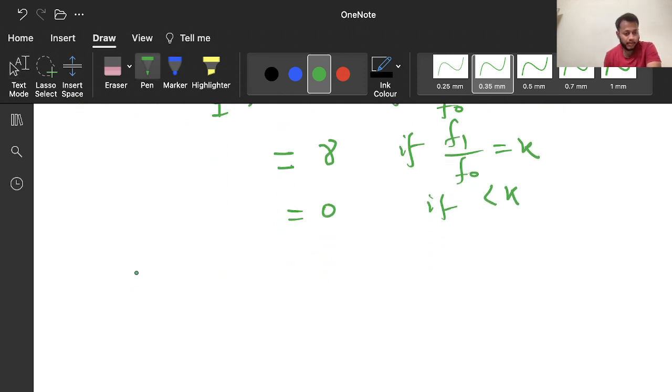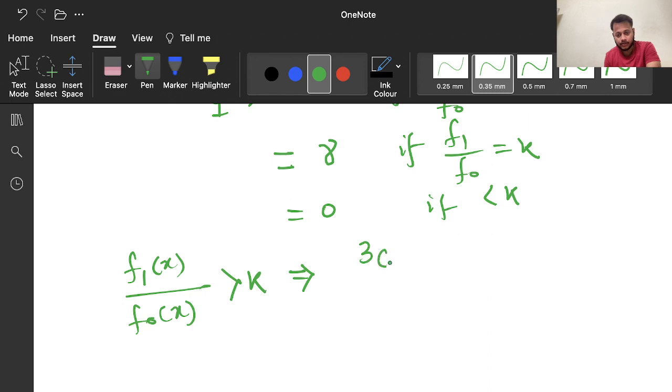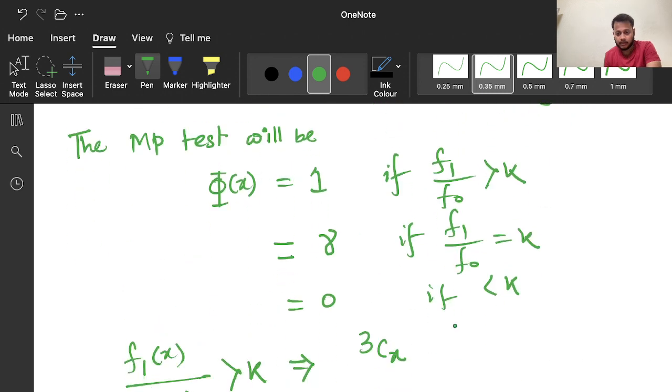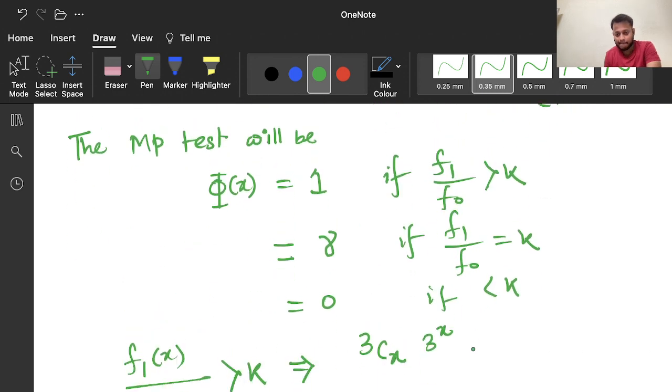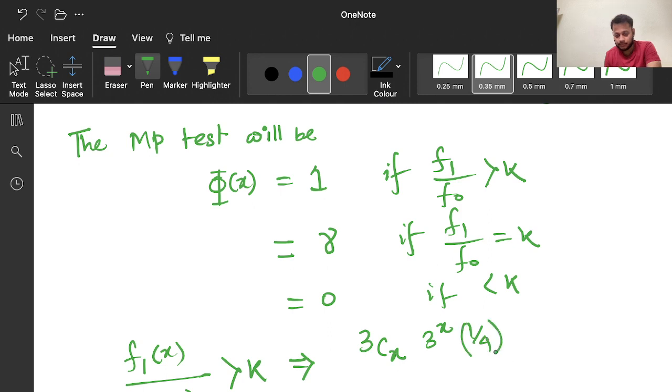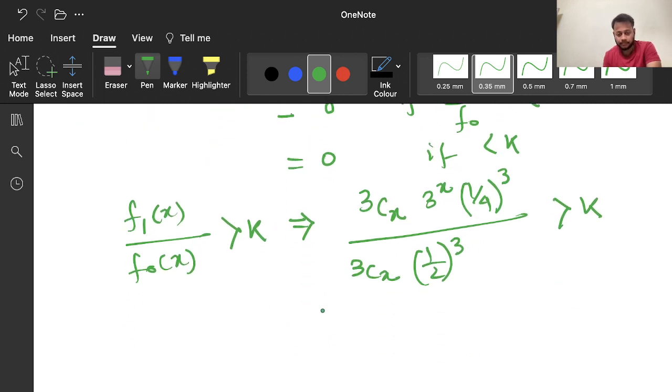Now what is f1 x by f0 x greater than k? That is 3cx, 3 to the power x, 1/4 cube, by 3cx half cube, greater than k.